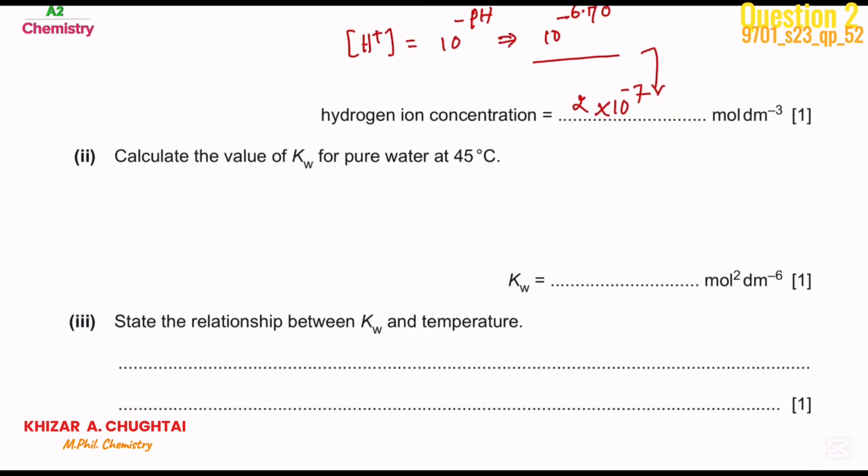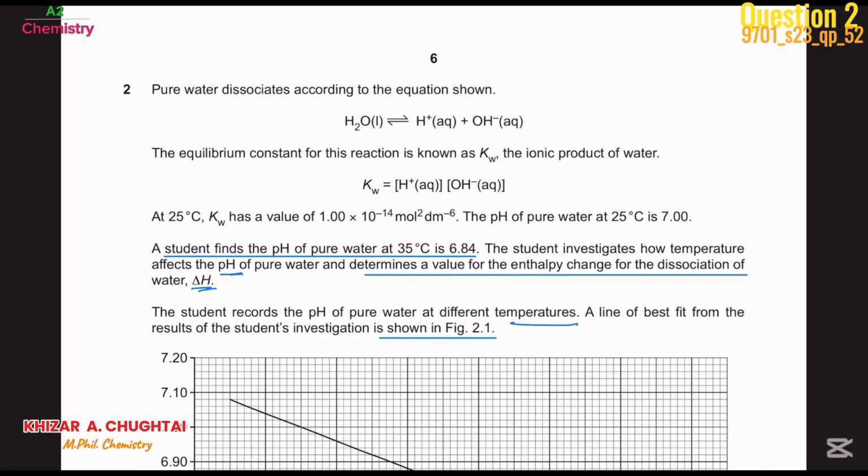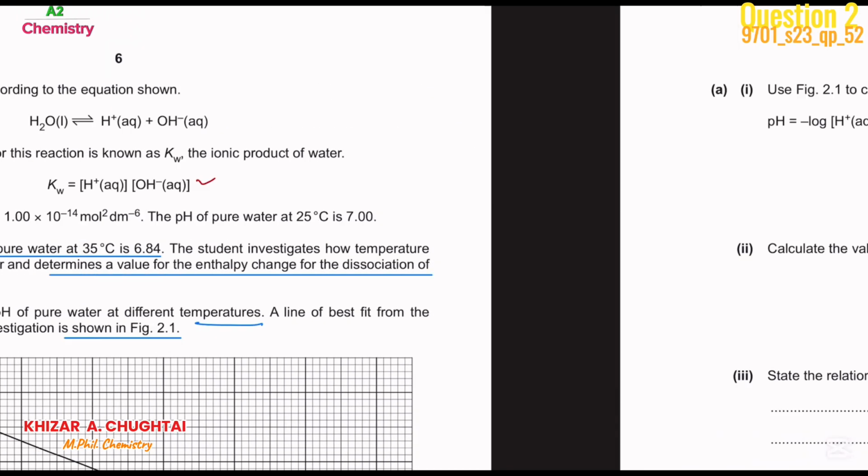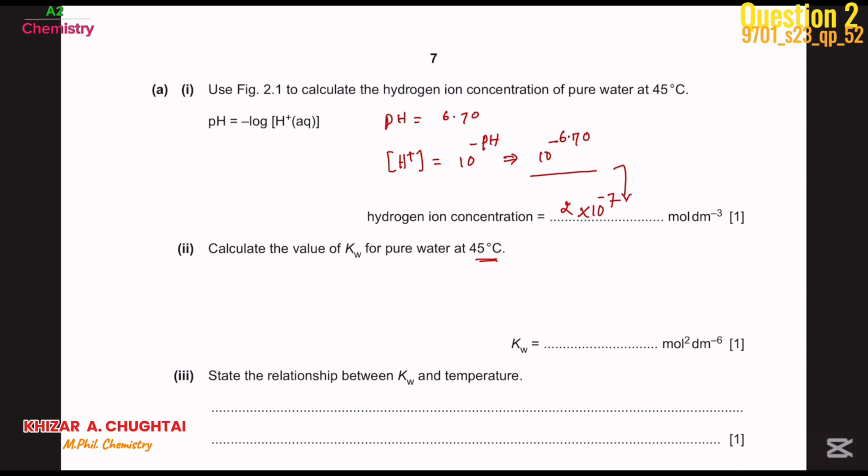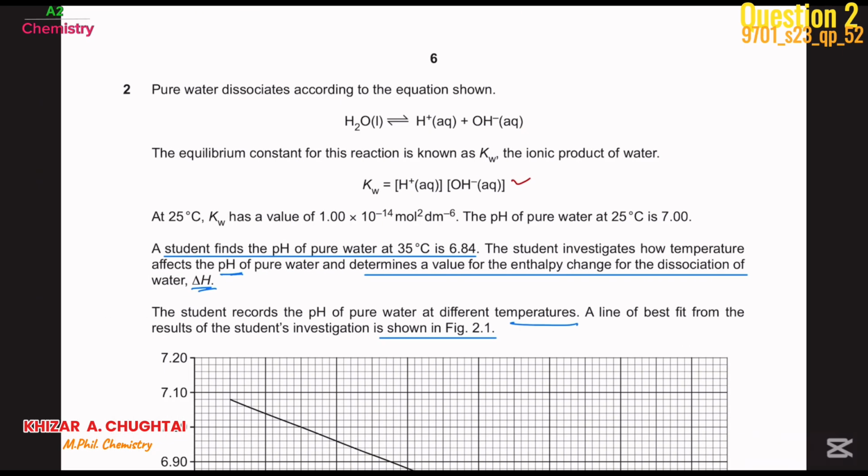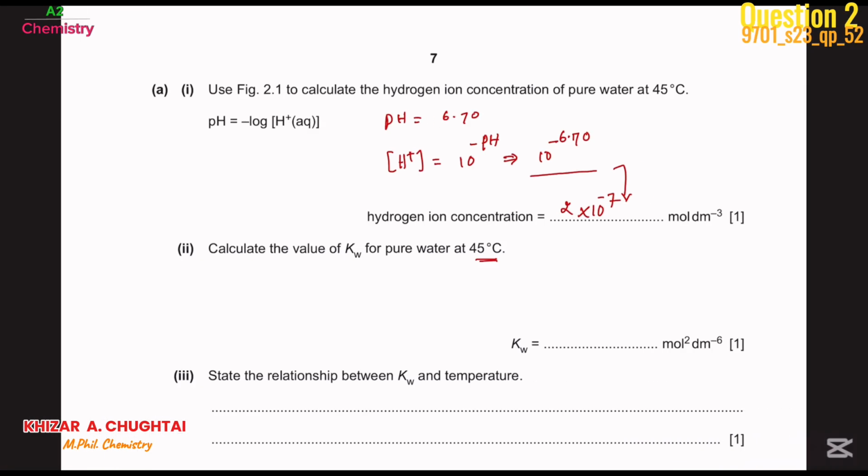Next is calculate the value of Kw for pure water at 45 degrees Celsius. The formula of Kw is given over here, and I'm going to put the value of H positive ion and OH negative ion to find the answer. The basic theme is the concentration of H positive ion is equal to the concentration of OH negative ion.